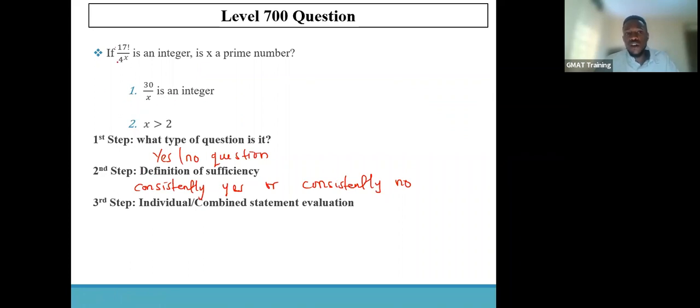Say you were to find the values of x that would yield an integer here, and say there are several values. Now we look at the conditions set in the statement.